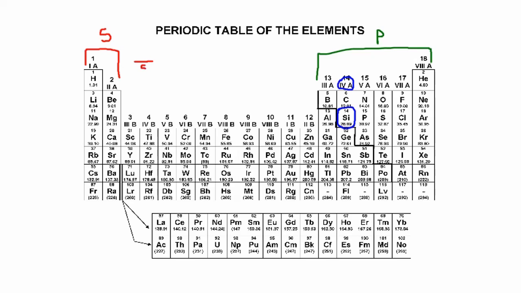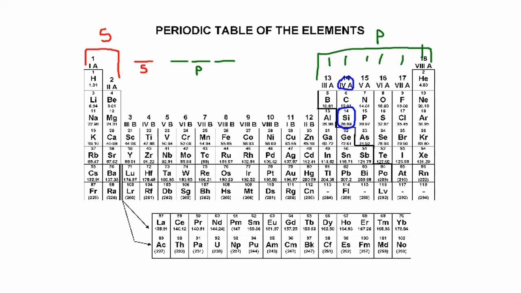So that's the orbital S. And then P has 1, 2, 3, 4, 5, 6 columns in P. So divide that by 2. So P is going to have 3 orbitals. So these are the P's.